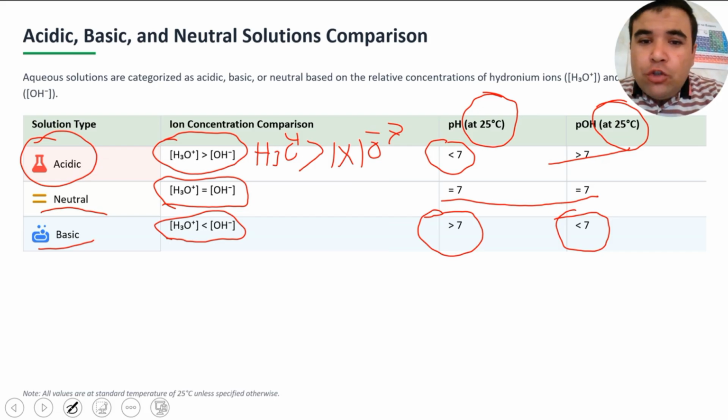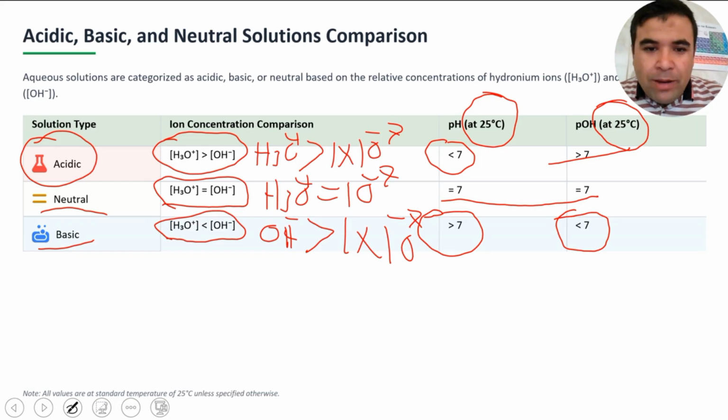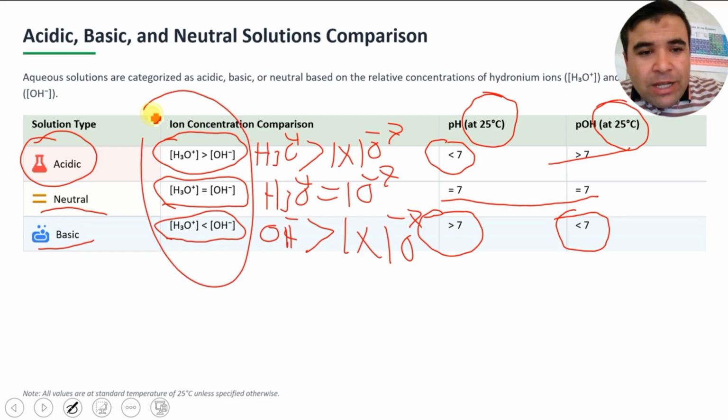But for the neutral solution, both hydronium and hydroxide are equal to what? 10 to the power minus 7 at 25 Celsius. And for the basic solution, the hydroxide concentration is more than 10 to the power minus 7, meaning the hydronium is less than 10 to the power minus 7. These values are only true at 25 Celsius, but the first relations, guys, are always true.